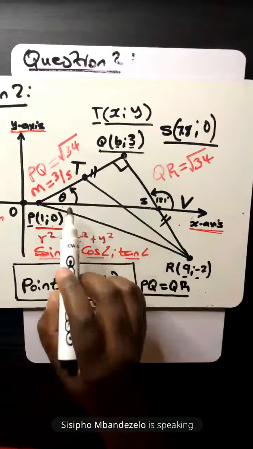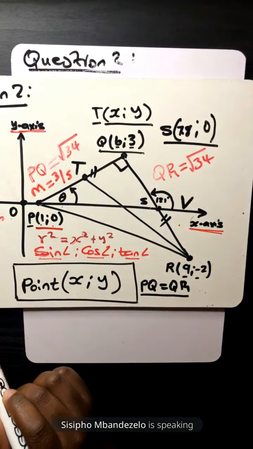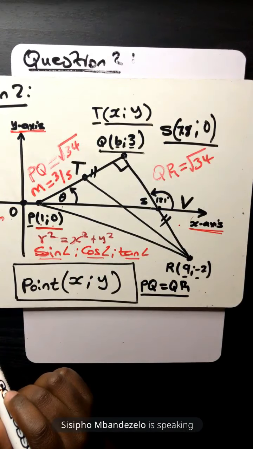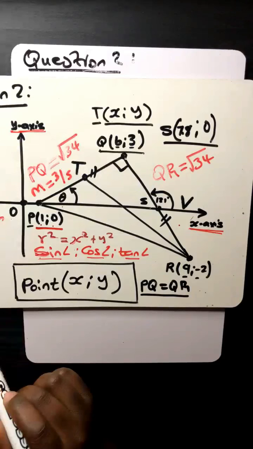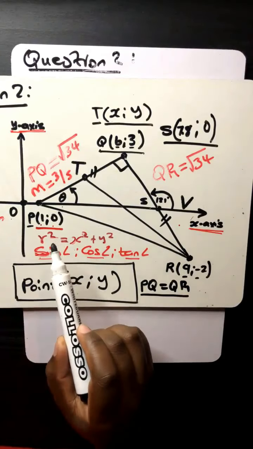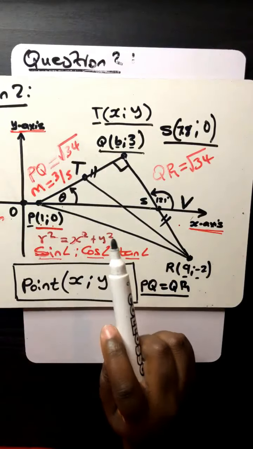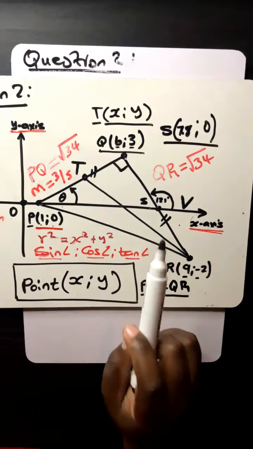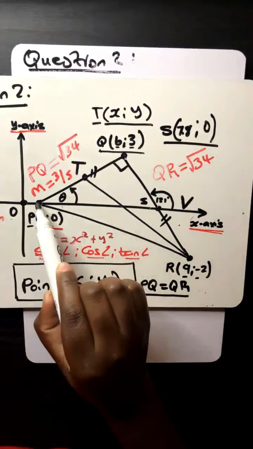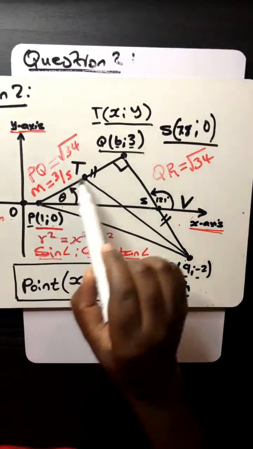But sir, angle P is equal to angle R, angles opposite equal sides. Remember, every time you mention an angle, you should also mention the triangle, because we have triangle PQR and we also have triangle PTR.